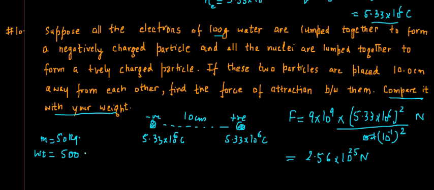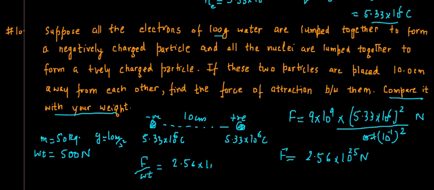This weight is m times g, and g we take roughly equal to 10 meters per second square. So the weight is 500 newtons. So if you compare this electrostatic force of attraction between these two parts with the weight, then you just divide by weight.